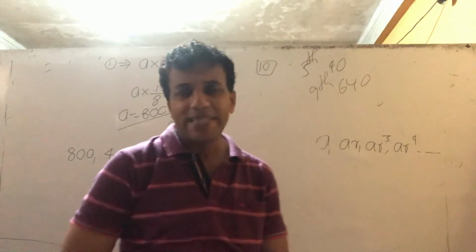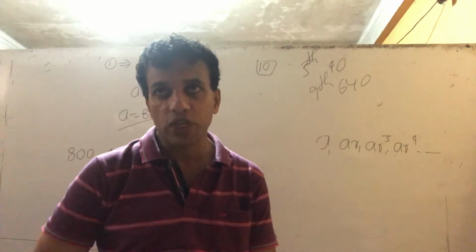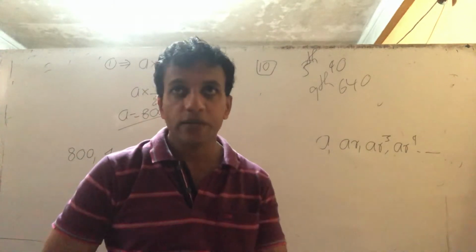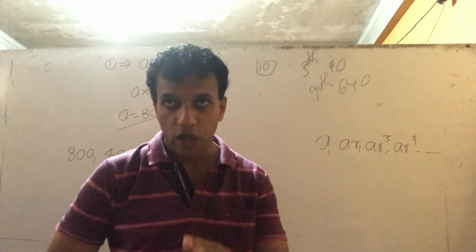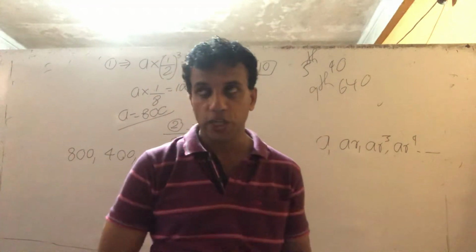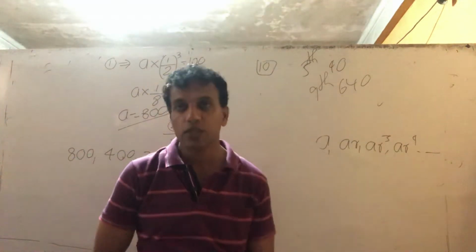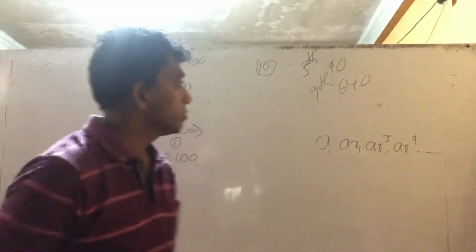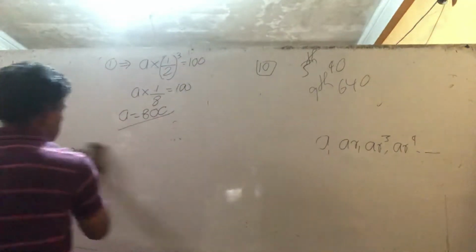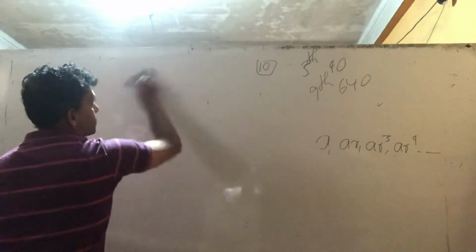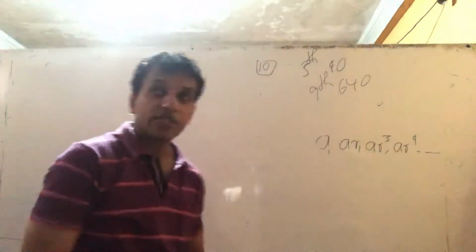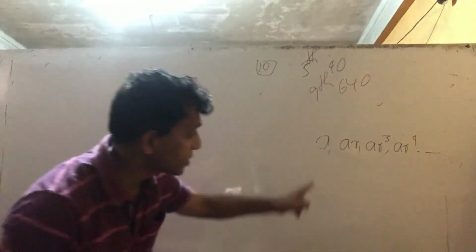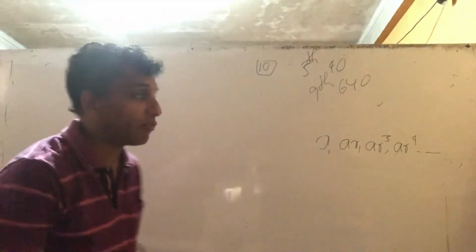So the same idea: build up two equations and divide. You can find the two R values. If two R values are available, there are two GPs. You can list the series therefore. So build up equations. The fifth term is 40. How is the fifth term written in order?